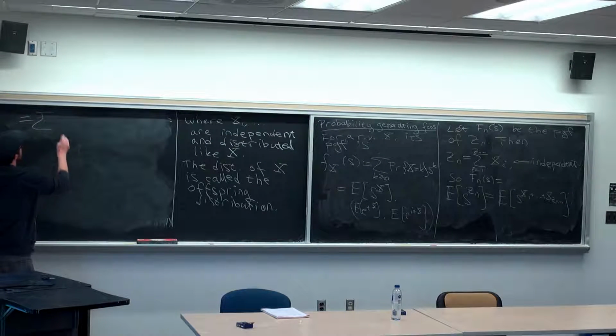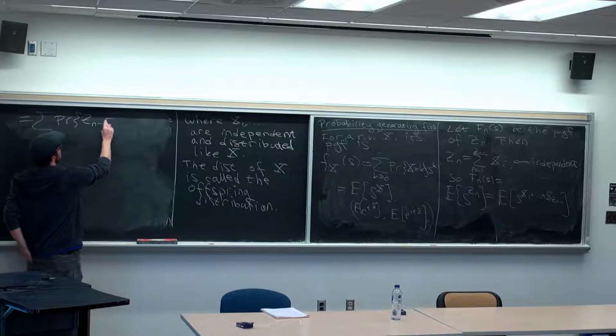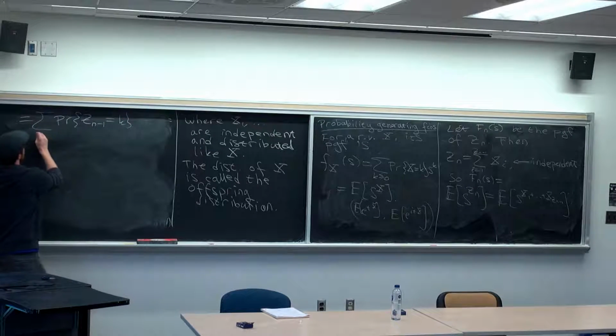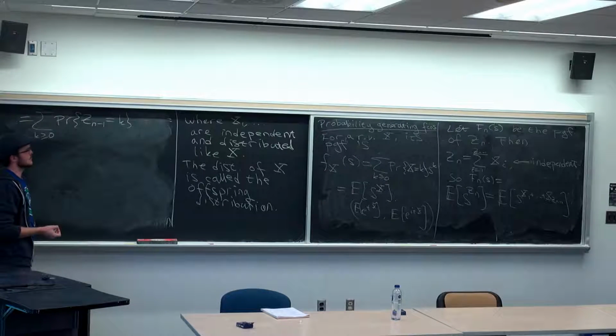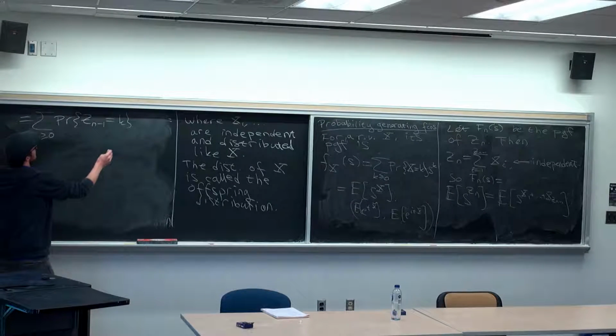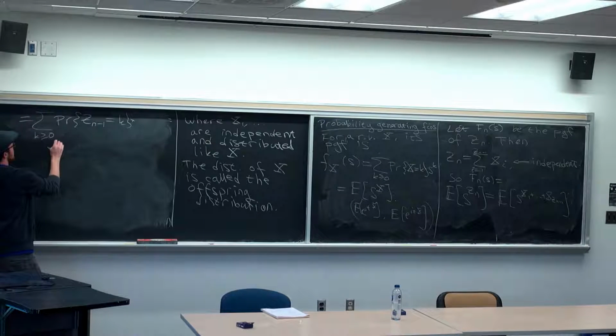So let's see, we're conditioning on the value of Z_{n-1}, the number of individuals in the previous generation. Let's say that's k, from 0 to infinity, P(Z_{n-1} = k) times the conditional expectation.